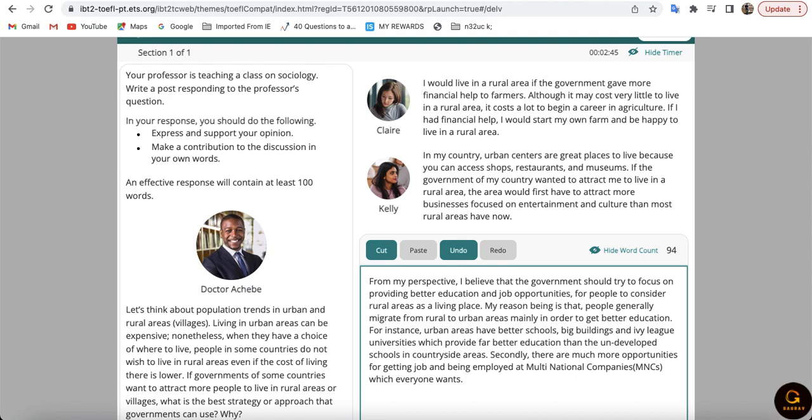So if the government can provide these facilities, then I'm pretty much sure that most of the masses will see rural areas as a better option to live.